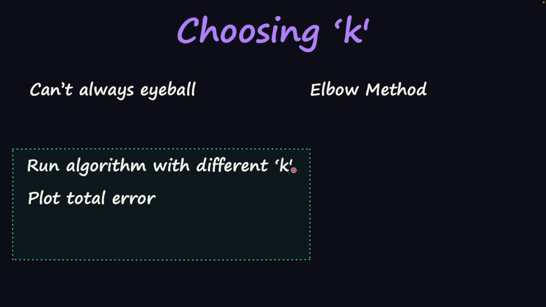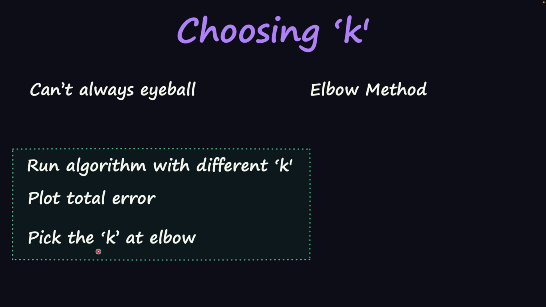But if we have assigned it to a correct cluster, then we can expect the error to be really low. If we have selected too many clusters or fewer clusters than we need, we can expect the error to be really high. The error will be really low at an optimal number of clusters.